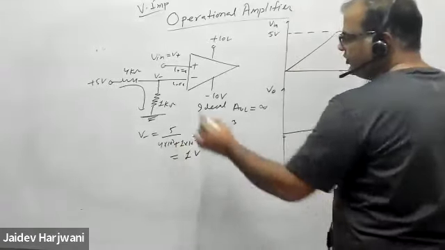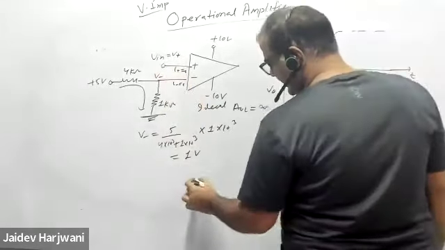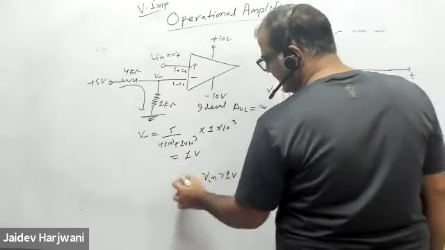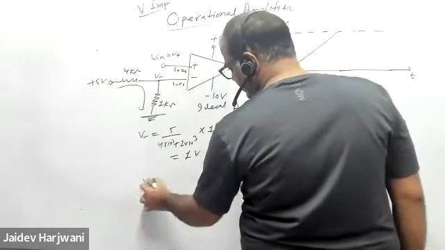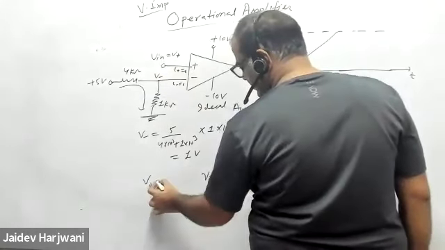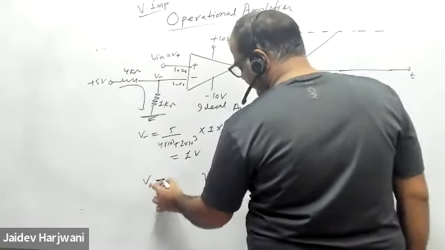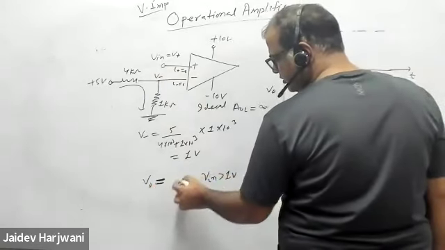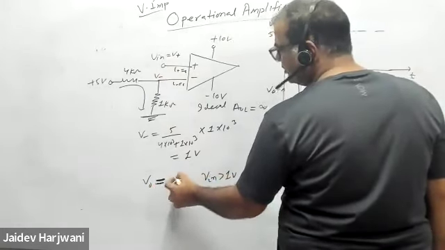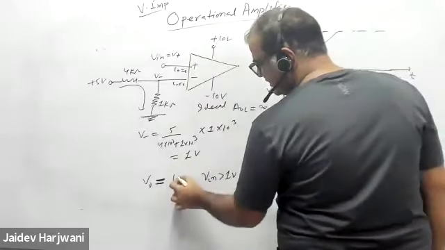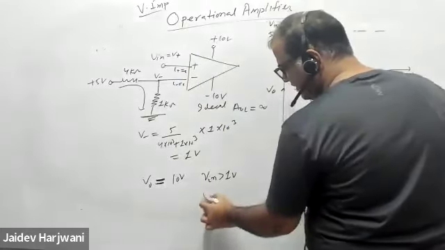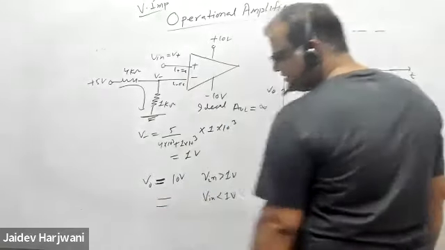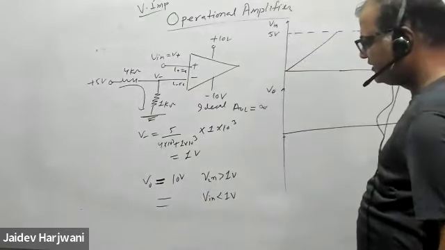And now V input is changing. Whenever V input is greater than 1 volt, I will get V output equal to plus VCC, 10 volt. Because output will always saturate for the ideal case, it will either go high or go low.